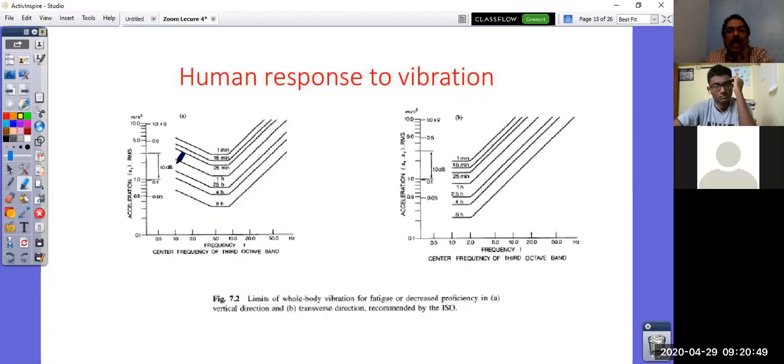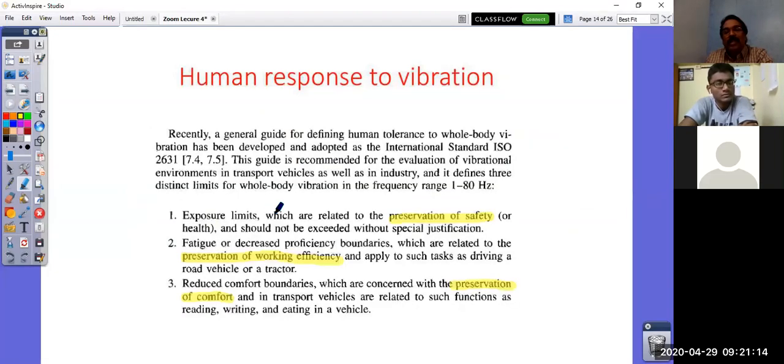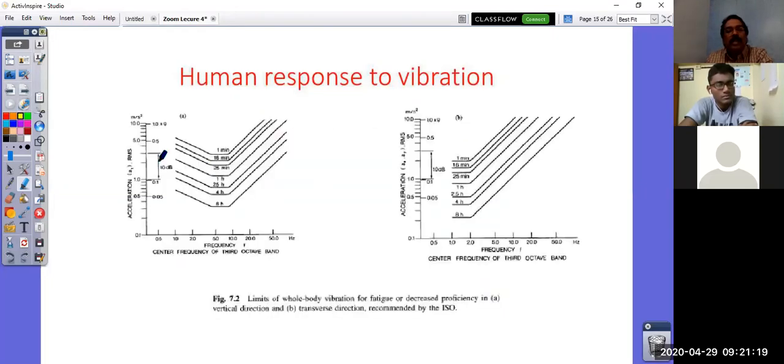So whatever you have here, say for example, the 8 hours exposure time boundary lines are given by this, and all the values for the comfort criteria will be reduced by 10 dB. That will be increased by 6 dB for the exposure limits criteria.